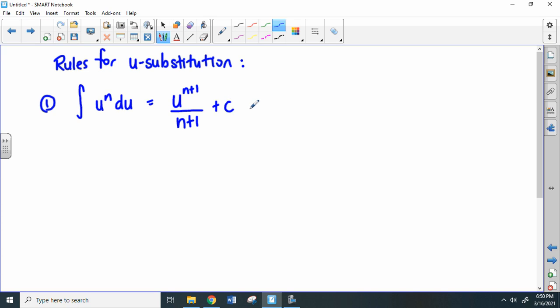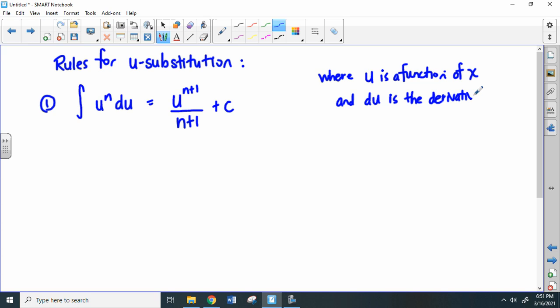Well, that looks like the same power rule, except instead of calling it x raised to a power, I call it u raised to a power. So here's the key: u is a function of, let's say, x, and du is the derivative of u.